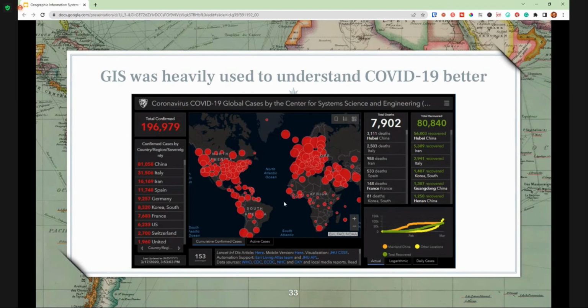It's always best that you put it on charts, on maps, so that it would be more understandable for us, diba? Or for your managers, your bosses in your offices. Okay? So this is how they used maps for COVID-19.